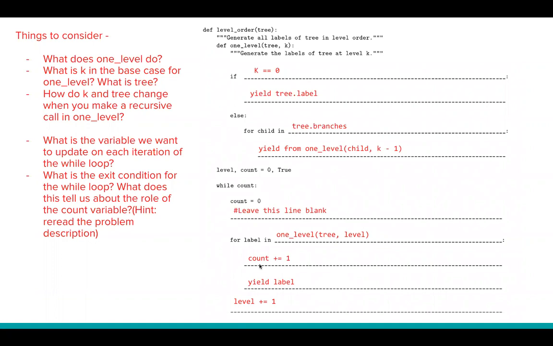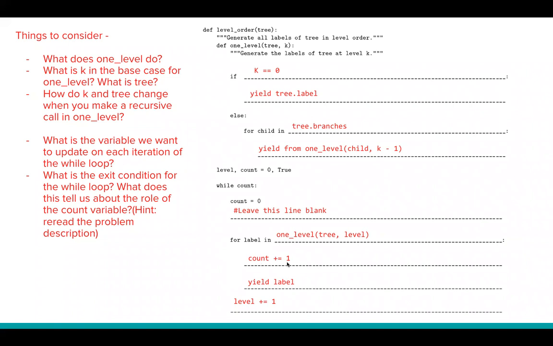So I want to ignore count += 1 just for a second and go down to yield label. We're iterating through each of the nodes at a certain level, let's say 0 or 1, and we're yielding those labels. So one_level yields from left to right. When we yield these labels, we're going the top row first, then left to right of the second row, left to right of the third row, et cetera.